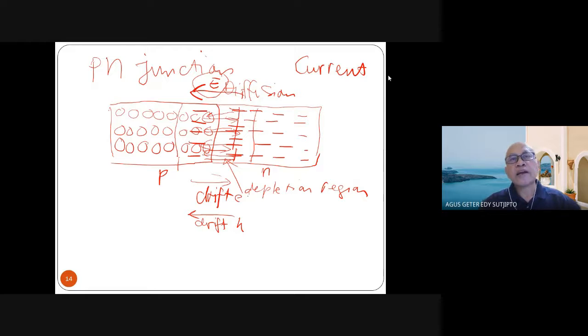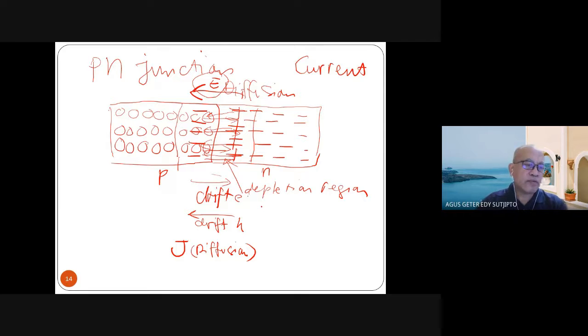Usually, the electric current is illustrated by the moving of a positive charge. The positive charge here can be represented by the hole, the moving of hole. So in this case, we have the current of diffusion. Where is the direction of the diffusion current? To the left or to the right?